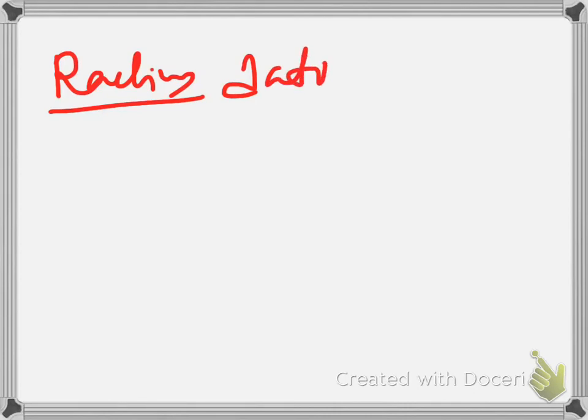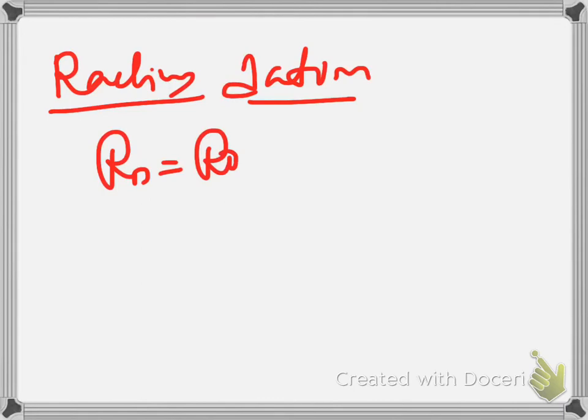Here one more thing you have to explain in Bohr theory is that he successfully explained the radius of atom. Rn equal to R0 into n square by z. N is the shell number and z is the atomic number.